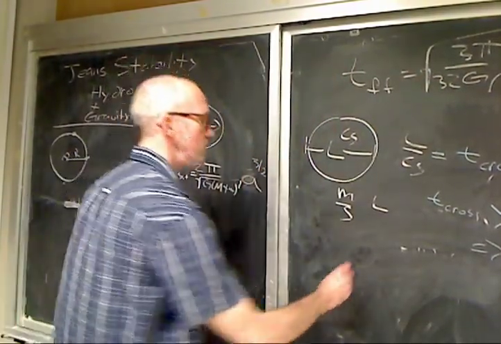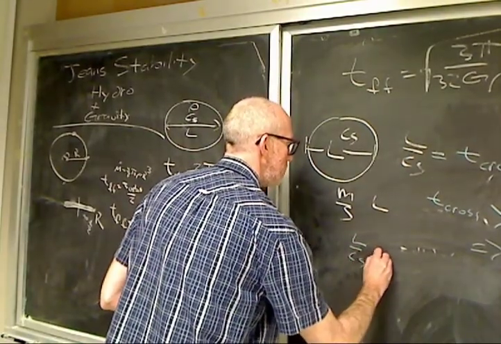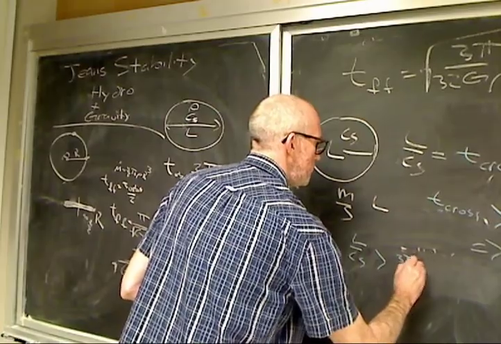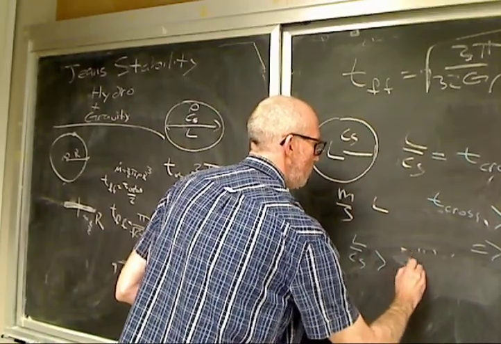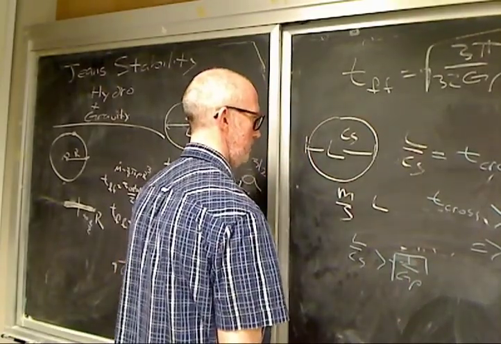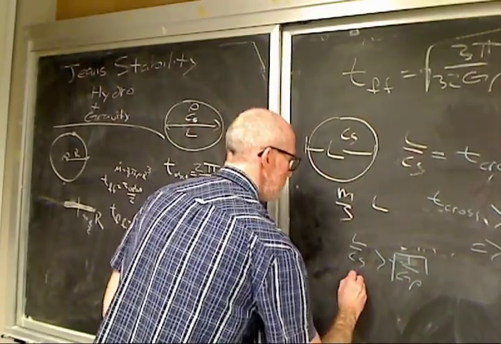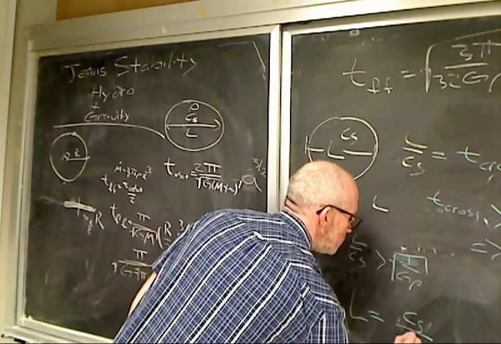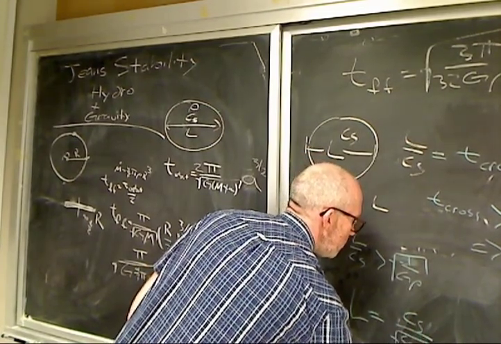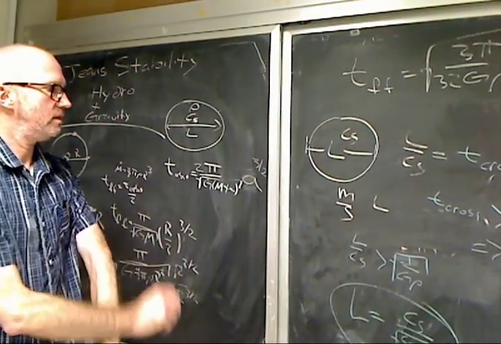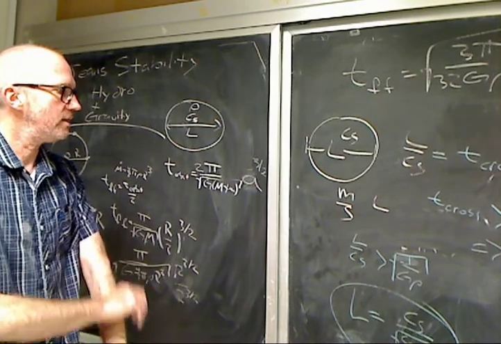So we have L over c sound. If this is greater than the square root of 3 pi over, let's just call it 1 over G rho, then the length is equal to the sound speed over the square root of G times rho. So this is the Jeans length.